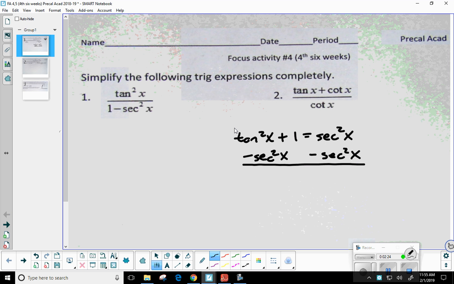Okay, so that's going to give me tangent squared of x plus 1 minus secant squared of x is equal to 0 because they cancel. So see, I have the 1 minus secant squared, but I'd want to go ahead and move the tangent over. So Lexi, it would become negative.